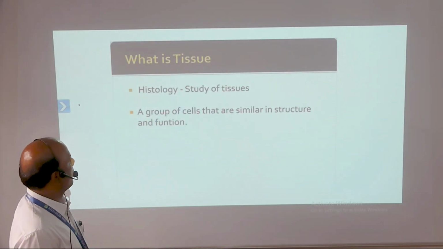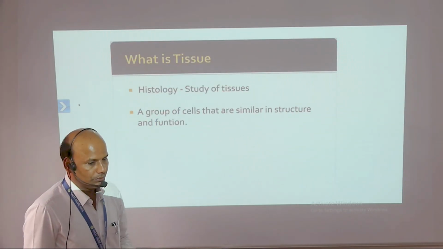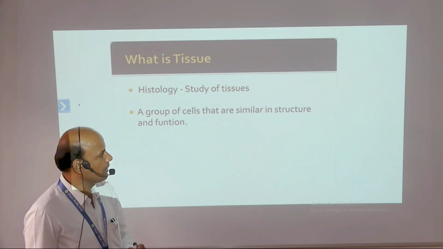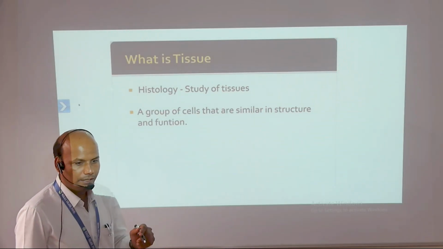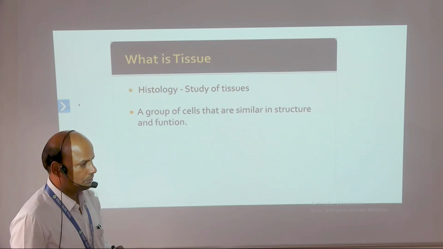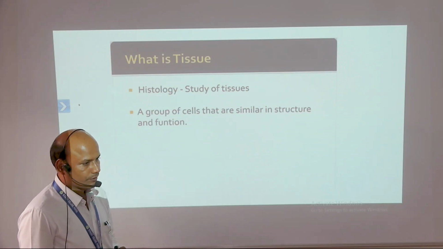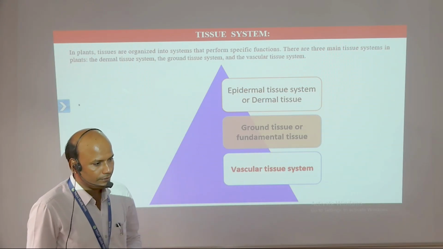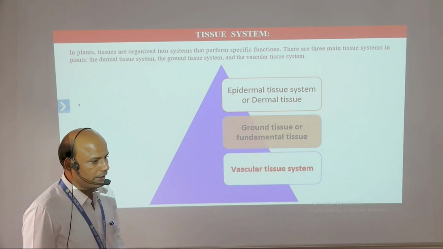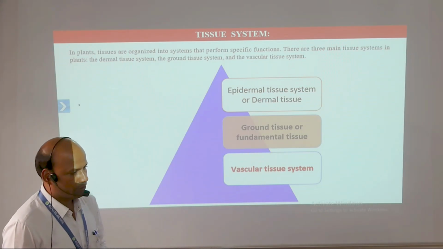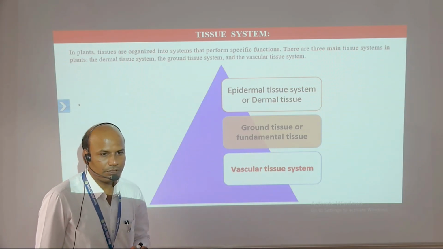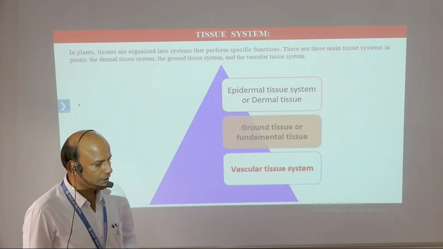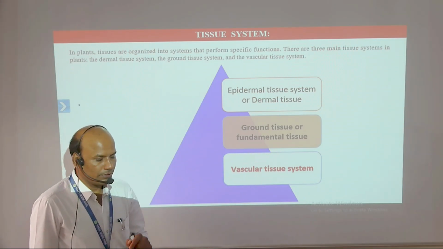So what are tissues? Tissue means a group of cells that are similar in structure and function. In the tissue system of plants, there are mainly three types of tissue: epidermal tissue system, ground tissue, also known as fundamental tissue, and third is vascular tissue.